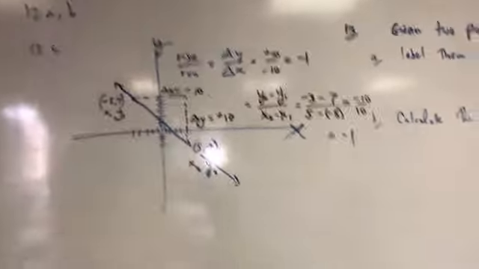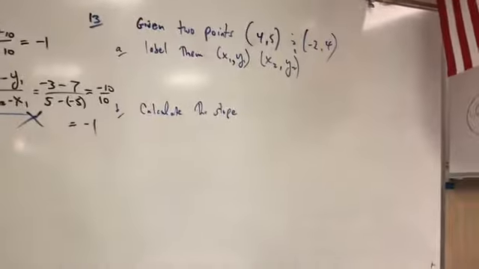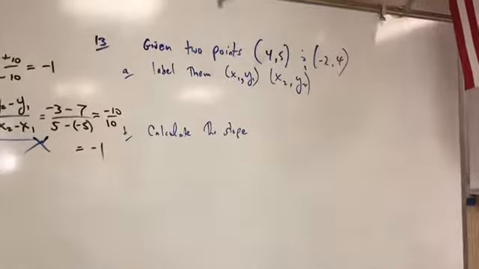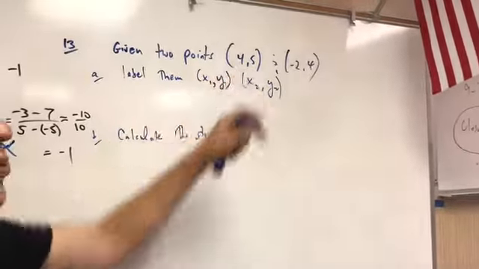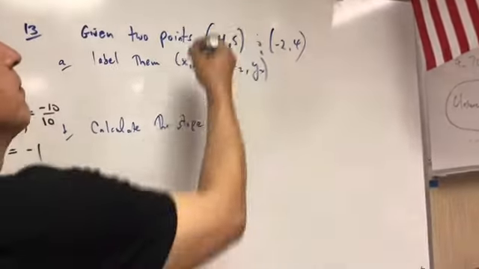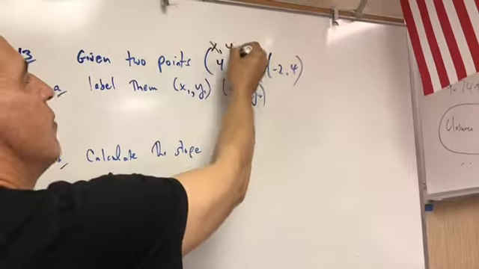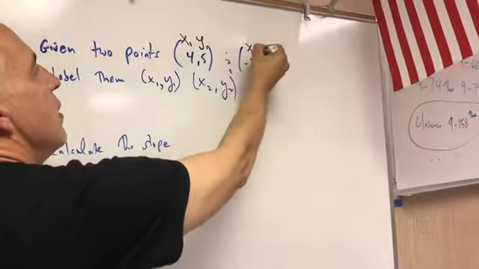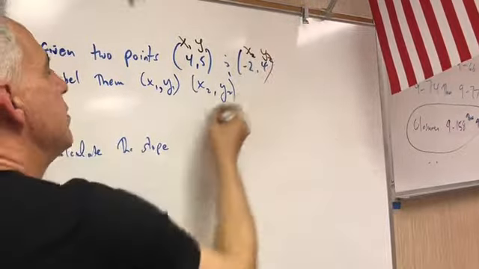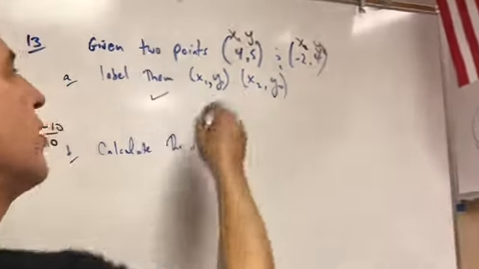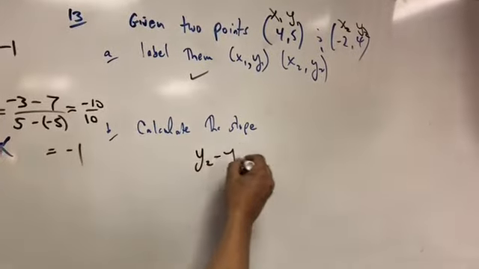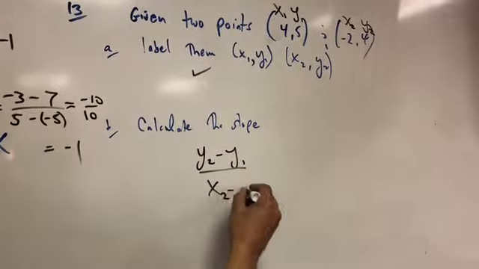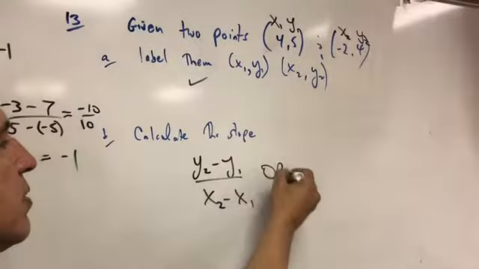Let's go over here and look at finding the slope from just 2 points. It's really similar to what we just did. Basically, you're saying, okay, this one is x1, y1, and this is x2, y2. And then we do the same thing. We've labeled them. Calculate the slope, y2 minus y1 over x2 minus x1, or you can do it both ways.